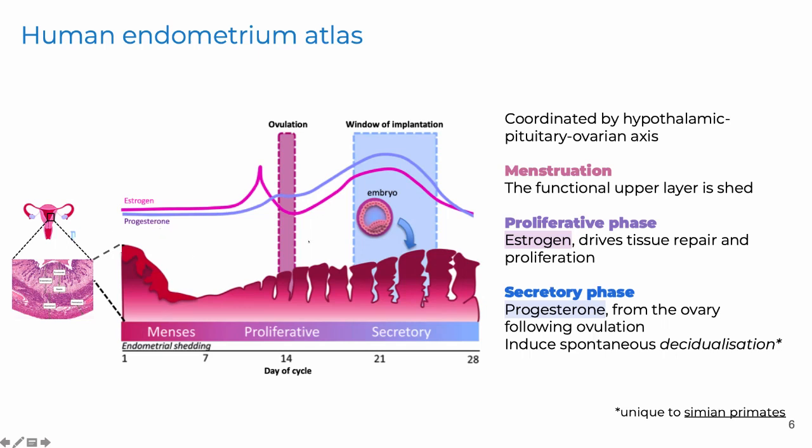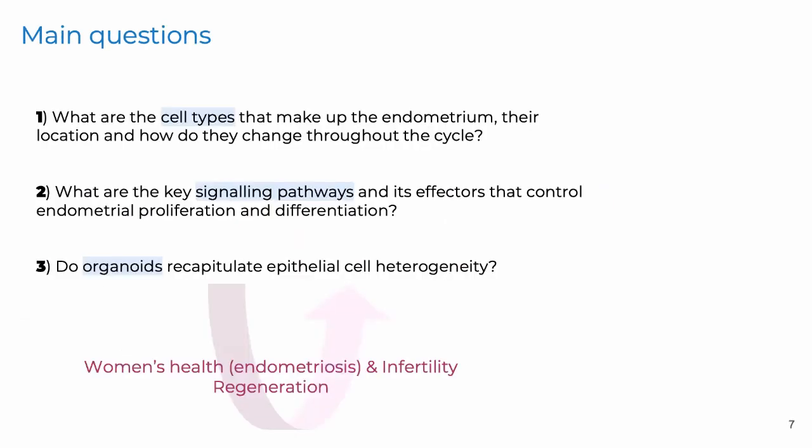During the first proliferative phase, dominated by estrogen, we then have ovulation, and then progesterone levels start increasing and the tissue starts differentiating. In simian primates, this happens in the absence of embryo implantation. This highlights how different this process is from, for example, mouse, and the importance of studying the biology of this tissue in humans.